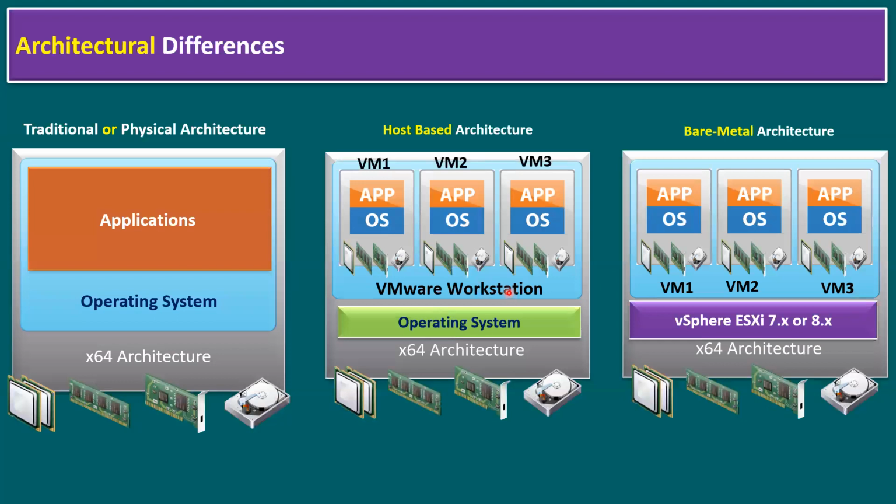Using VMware Workstation, we can create multiple virtual machines, VM1, VM2, VM3, and so on. In each virtual machine, we can install the guest operating system and run applications. Just as we have a physical CPU, memory, NIC, and disk, when it comes to virtualization we have vCPU, vMemory, virtual NIC, and virtual disk.